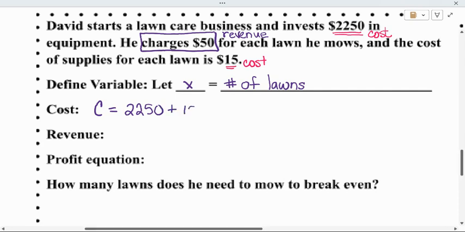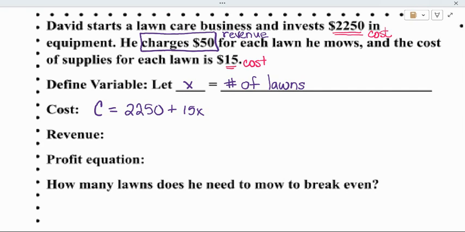Good job. Tim, why did you put the 15 and the x together? Because the 15 is always there, and the 2,250 is the initial cost. The initial fee, good job. 15 every time. And we're paying $15 per lawn, for each lawn, right?